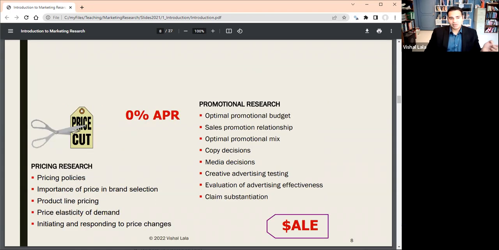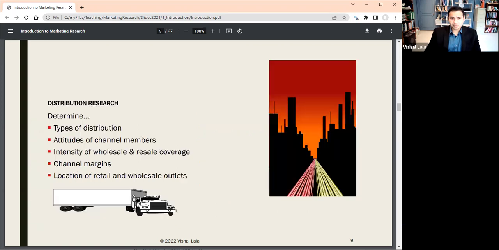We also see marketing research playing a key role in figuring out the optimal price to charge for a product and the nature and type of promotions to offer and put out to customers. Lastly, research can play a role in figuring out how best to distribute the product to the customer. Should it be direct to customer through Amazon, let's say, or through retail stores?